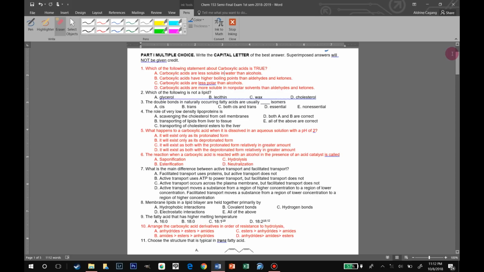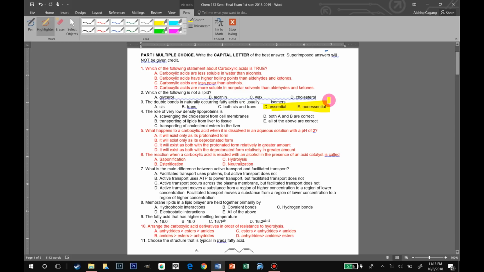Number 3, the double bonds in naturally occurring fatty acids are usually blank isomers. So you have letter A, a cis isomer. Letter B, trans. Letter C, both cis and trans. Letter D and E, you have essential and non-essential. Letter D and E are obvious wrong answers, so you can remove them, because we're talking about isomers.